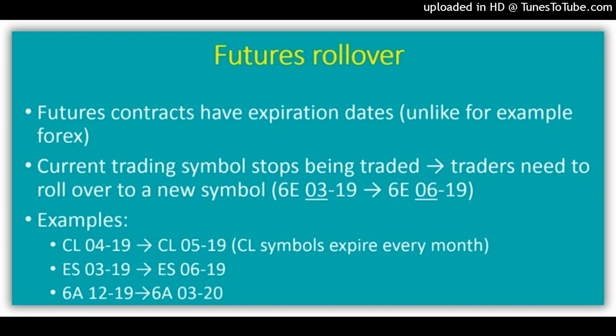So for example, this symbol is a symbol for futures on the euro, which have expiration date on March 2019. And on the 14th or 15th of March, this instrument expires and you can't trade it. And traders shift to a new instrument, which is this one.